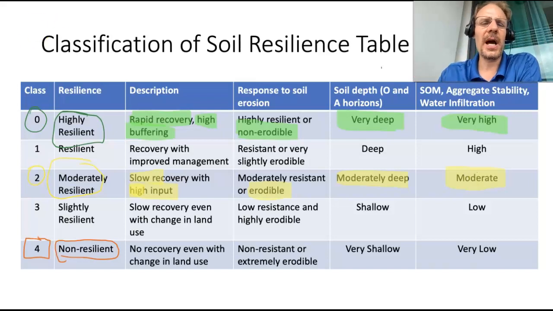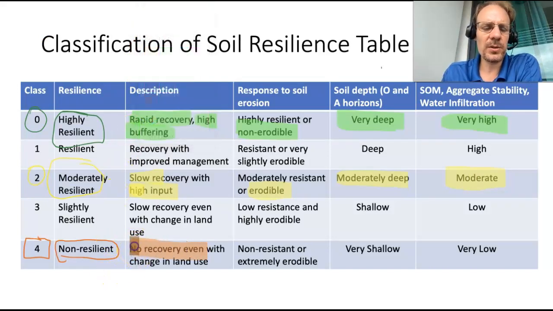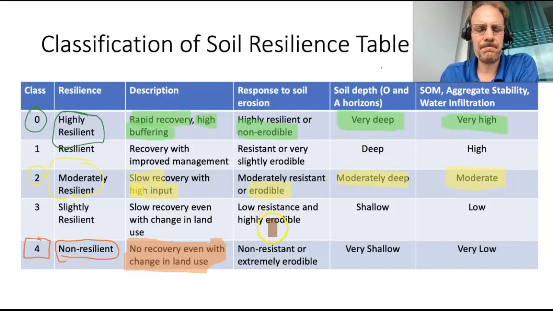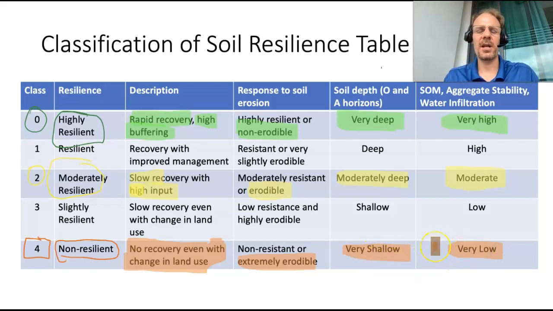On our bottom classification, look at this: no recovery. These soils do not have the ability to recover, even with land use practices or management practices. They are extremely erodible. They are shallow, very thin, and they have low organic matter and aggregate stability.